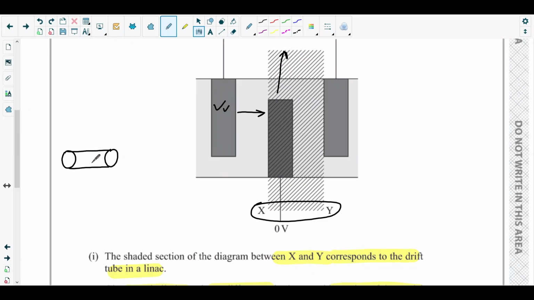Within a drift tube we know that the particle moves with constant speed, right? And here also the ball is moving with constant speed. There is no resultant force acting on the ball.